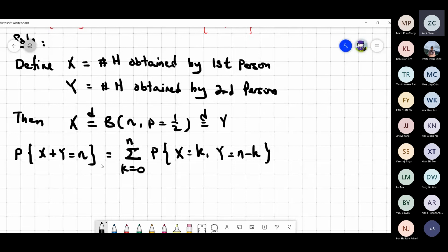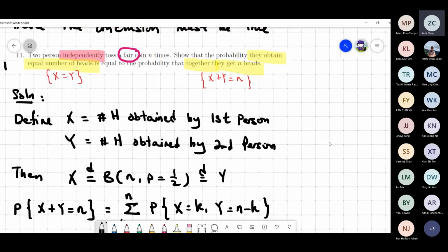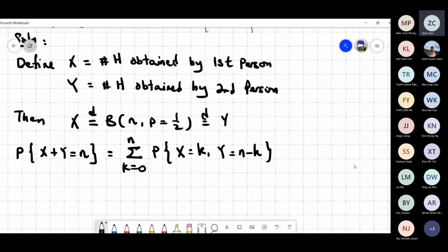So this is clear. X plus Y is n must be either X is 0, Y is n, X is 1, Y is n minus 1, and so on. Next, we assume they are independent. When these two events are independent, that means we can actually split these two.